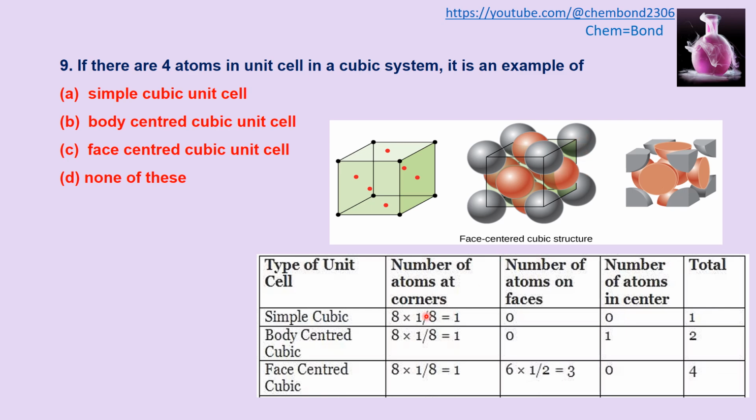Or we can say that in case of face center cube, 1 by 8 multiplied by 8 will produce 1, and each face is shared by 2 atoms. So 6 faces are present, divided by 2, it will produce 3. So 3 plus 1 will give you 4. So the 4 atom unit cell system is known as face center cubic unit cell.